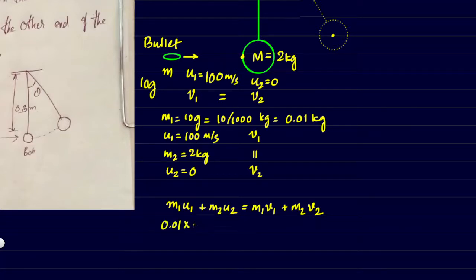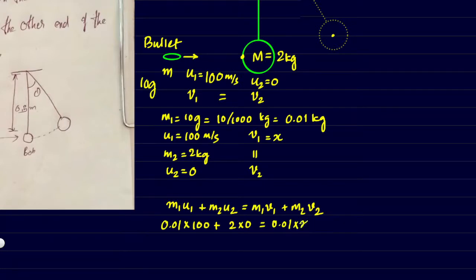0.01 times 100 meters per second, and m2 is 2, and the initial velocity of that is 0, so that's equal to m1, again 0.01, times v1, and v1 and v2 are both equal, so let's take them equal to x.